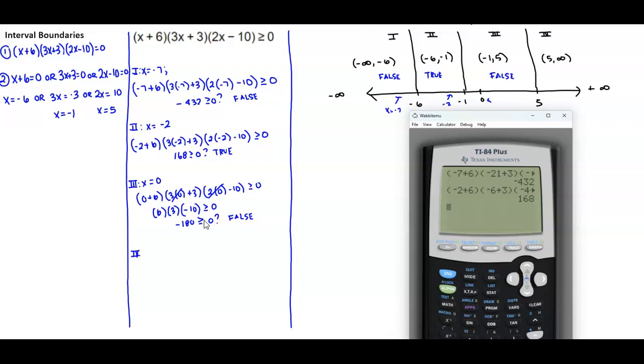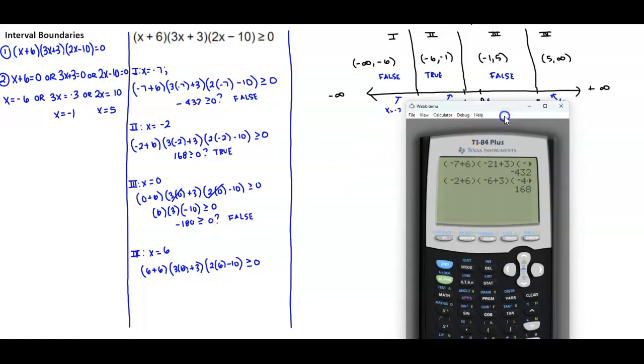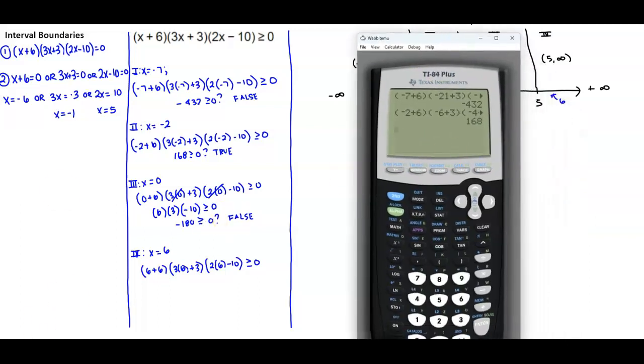For region number 4, we can pick x to be 6. So we have (6 + 6)(3 times 6 + 3)(2 times 6 - 10). We want to see if that's greater than or equal to 0. So let's use our calculator here.